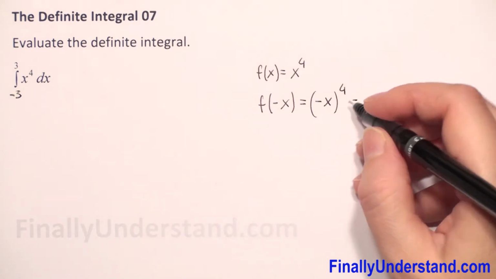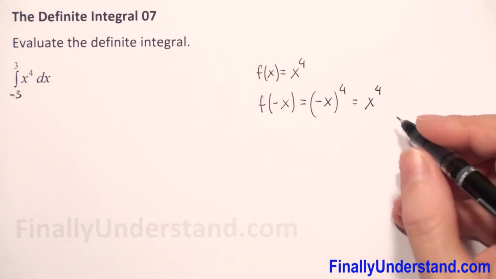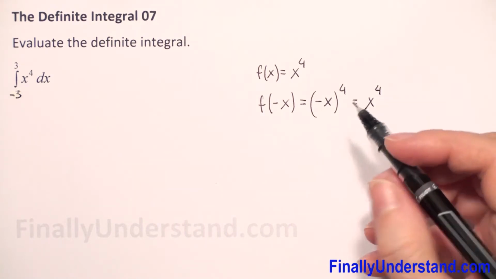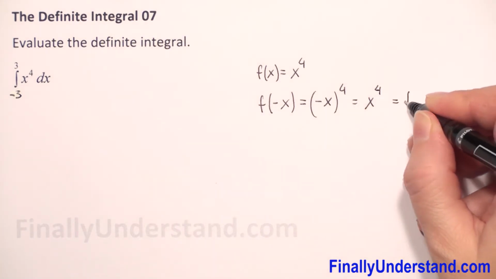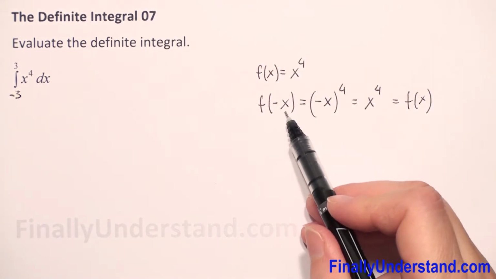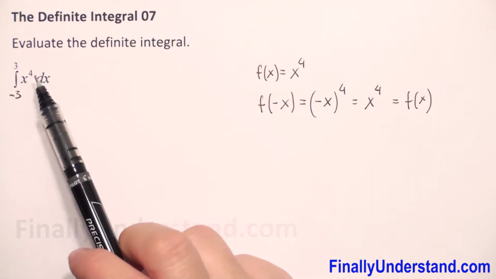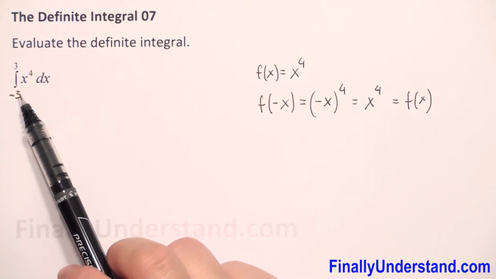The power is even, so this is equal to x to the 4th. So we see that this is our f function. Because f of -x is equal to f of x, our function x to the 4th power is even.